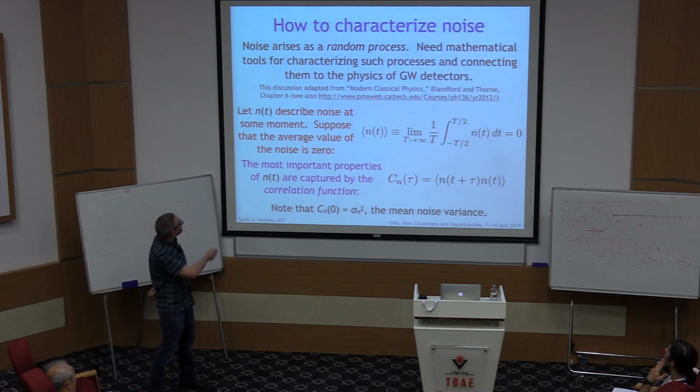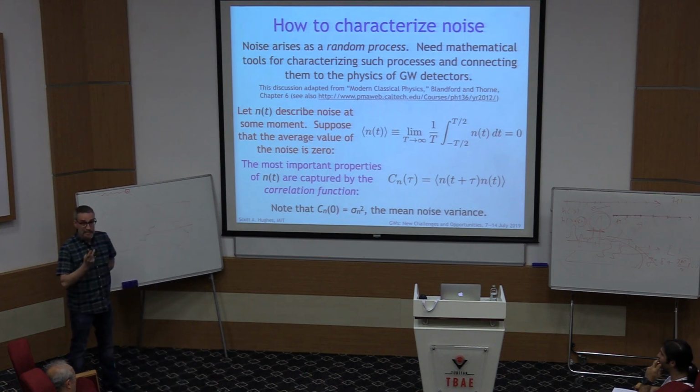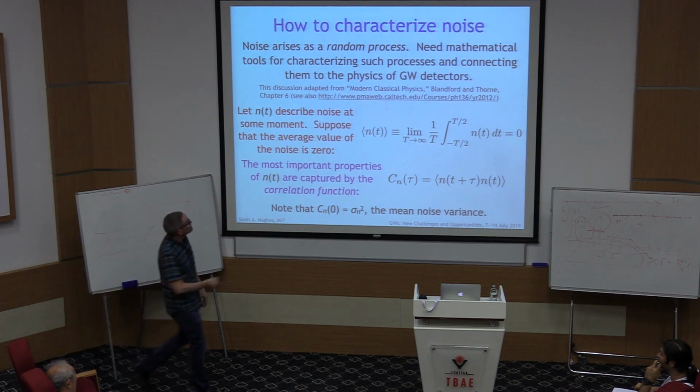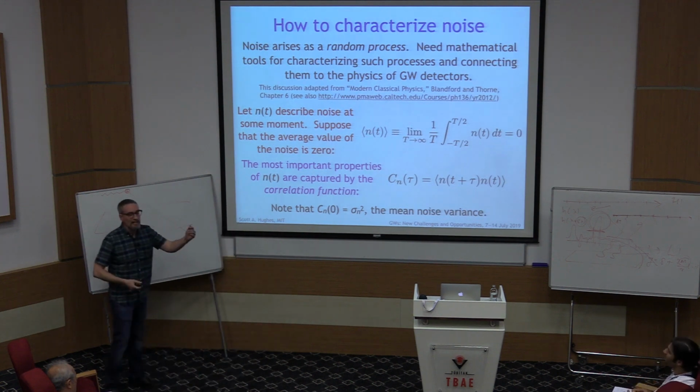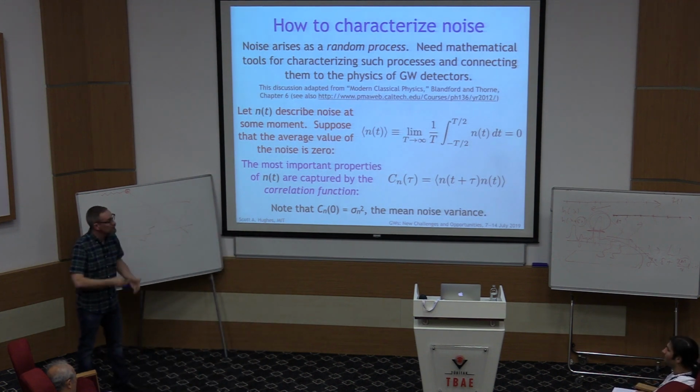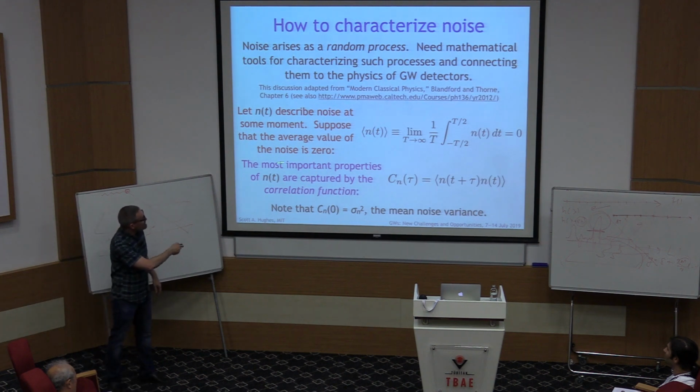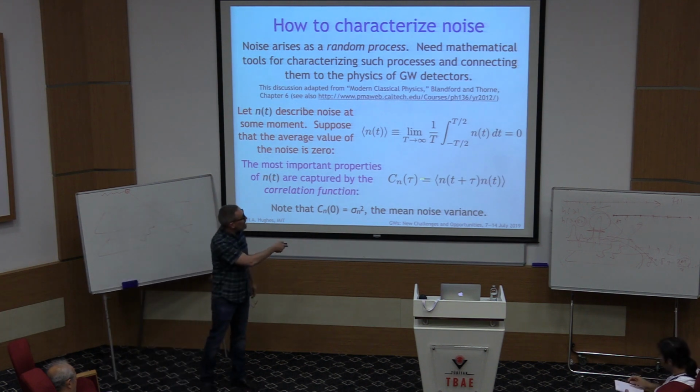All right, so let's suppose I have some function n(t), which describes noise at some moment. We're going to be interested in characterizing its statistical properties. So suppose the average value is equal to 0. If it were not, then that basically tells you you've set your 0 wrong, so it should be 0 if it's truly noise. The most important properties of this are going to be captured by the correlation function, which basically tells me what is the relationship between n at time t versus n at a time tau later.